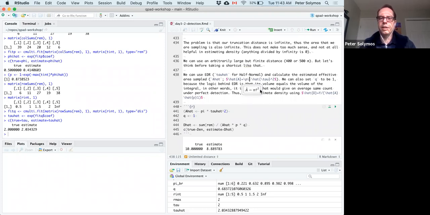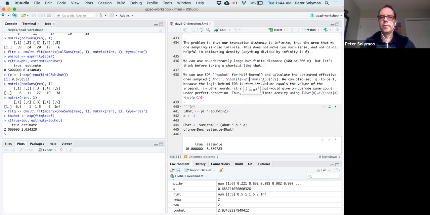This is EDR because we were using half normal. Otherwise, you would have to substitute the corresponding effective radius that you get from whatever parameterization you're using. And then the same logic would apply. You could calculate the effective area sampled.